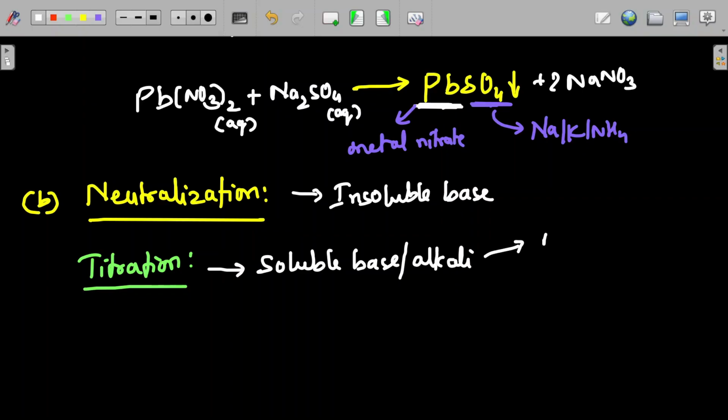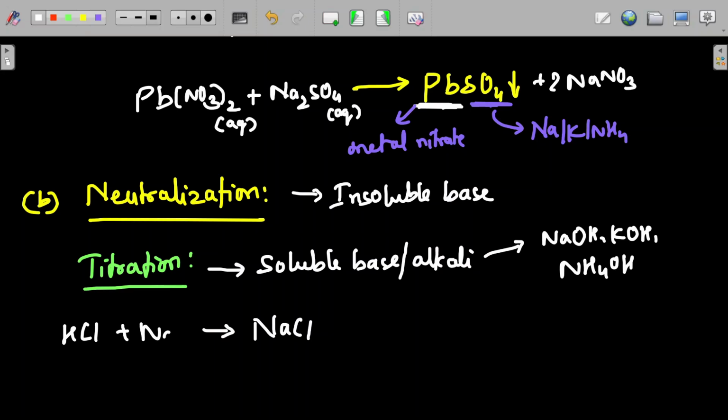And I told you to remember the alkalis: NaOH, KOH, NH4OH. Remember these three here. So titration is when you take NaOH, KOH or NH4OH with acid. But if you're taking any other base, an insoluble base, then that will be specifically called neutralization. Sometimes they will give you preparation of NaCl: HCl plus NaOH gives NaCl plus water.